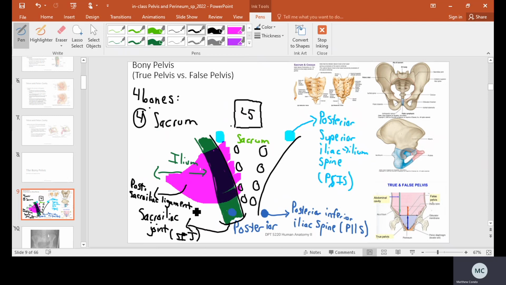The reason is because I have two really super duper dense ligaments here. I've got the posterior sacroiliac ligament, and then coming off the anterior aspect of the sacrum, attaching into the ilium, I have an anterior sacroiliac ligament as well. Obviously I'm not going to draw that one in here because we're looking at the posterior side.